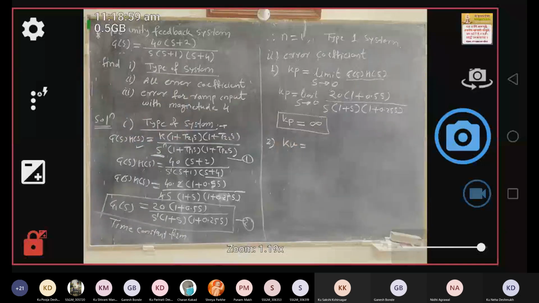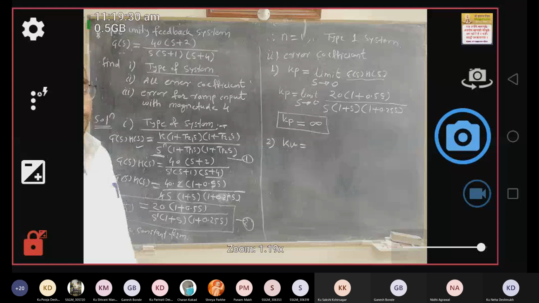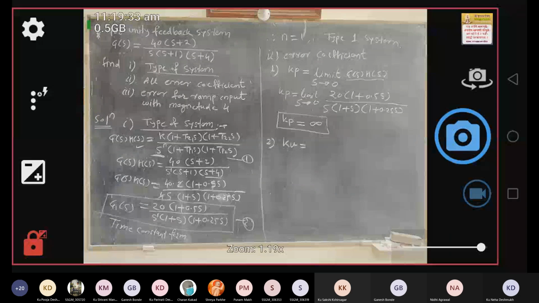So for ramp input, we have the velocity error coefficient. What will be the formula of Kv?